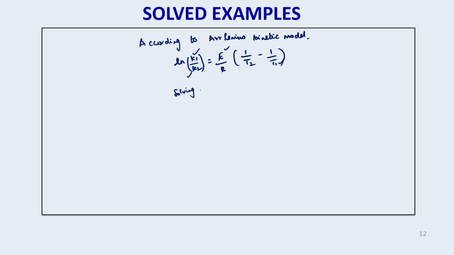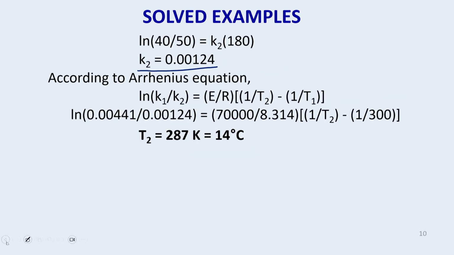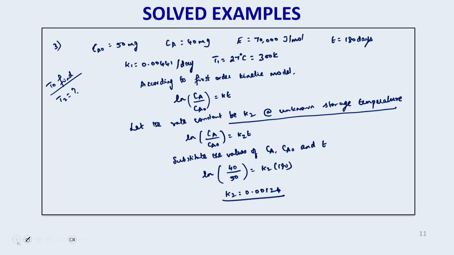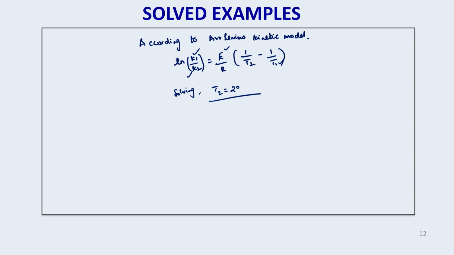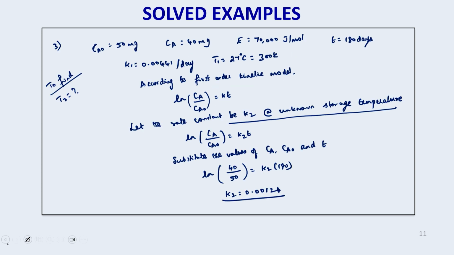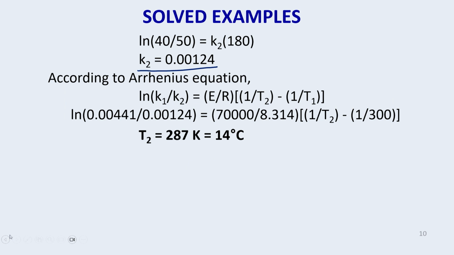Solving, we get T2 is equal to 287 Kelvin, which is equal to 14 degree centigrade. So that completes the numerical question. So far we have solved 3 numerical questions, one in part 1 and the other 2 in part 2 of lecture number 19.